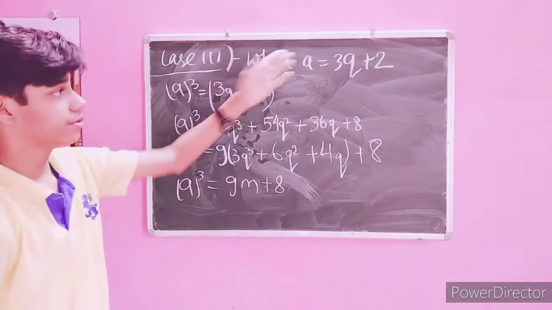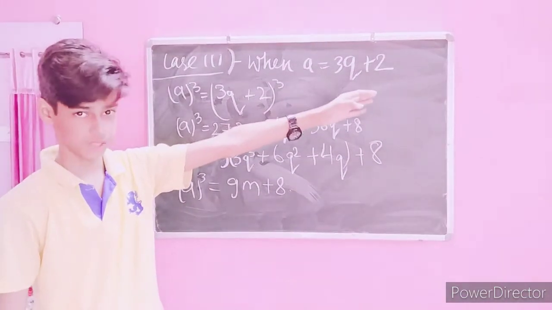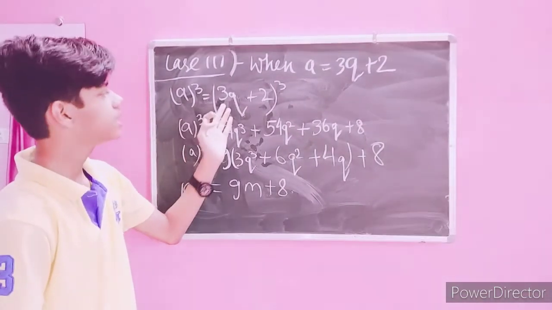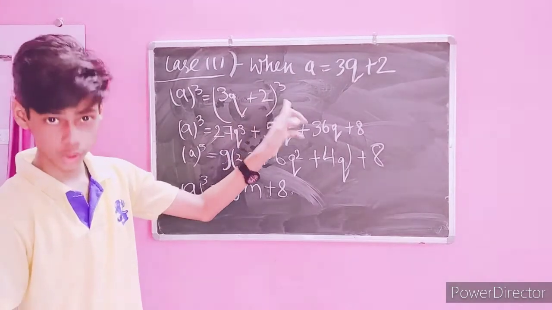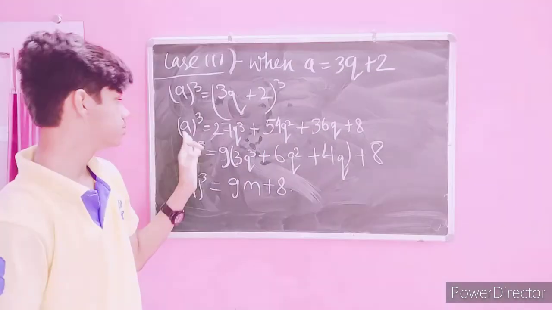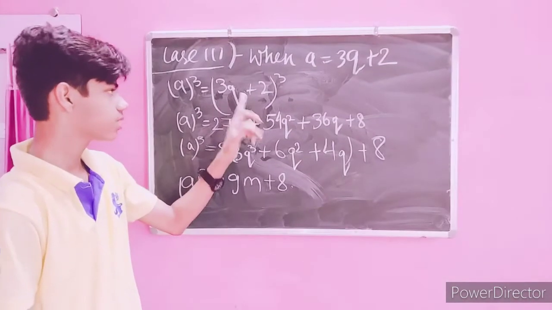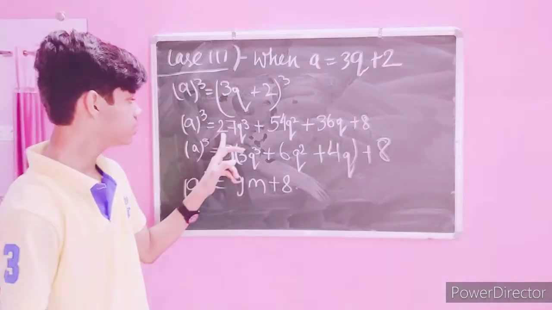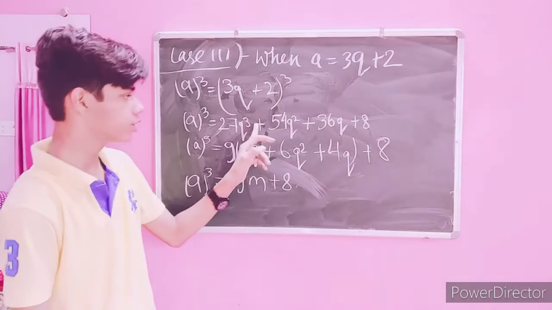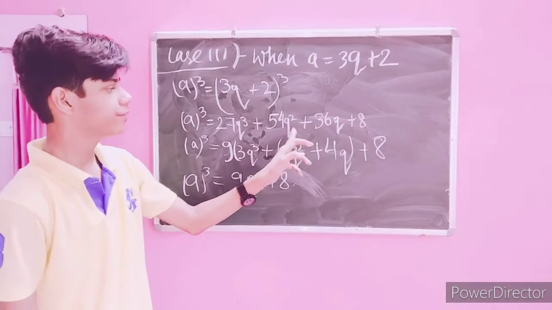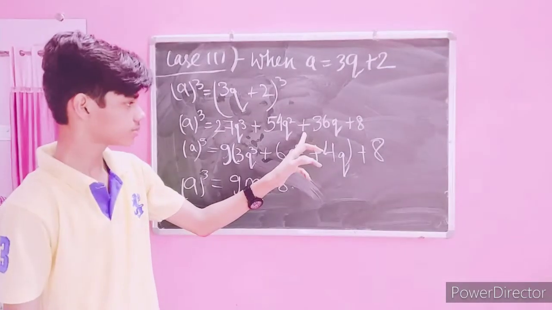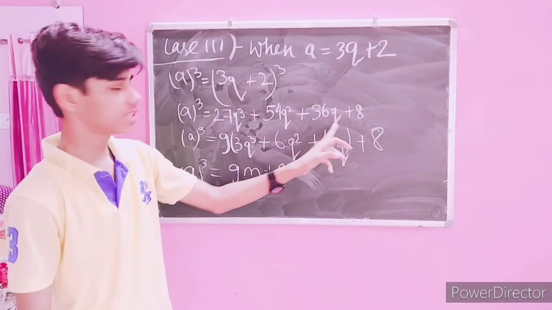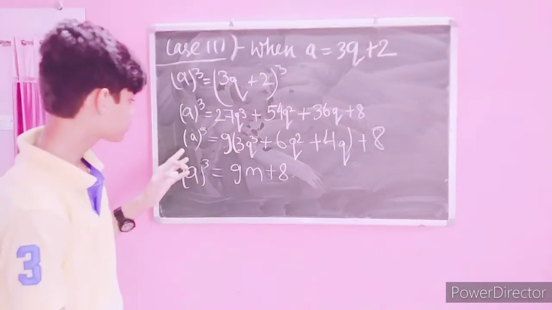Now in case 3, where a is equal to 3q plus 2, a cube is equal to 3q plus 2 whole cube. We will solve this cube. Now a cube is equal to 27q cube plus 54q square plus 36q plus 8.